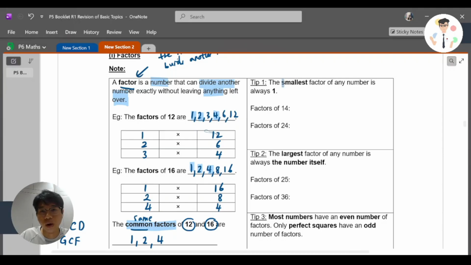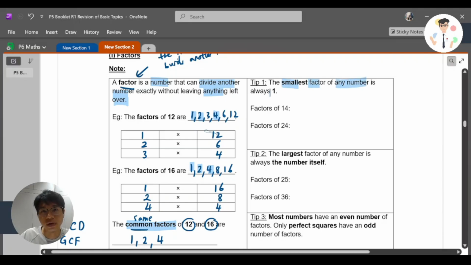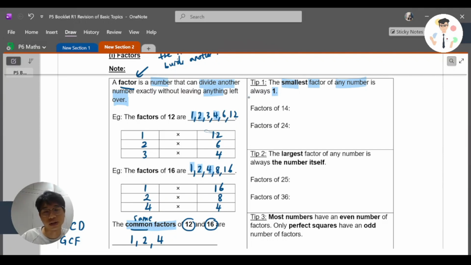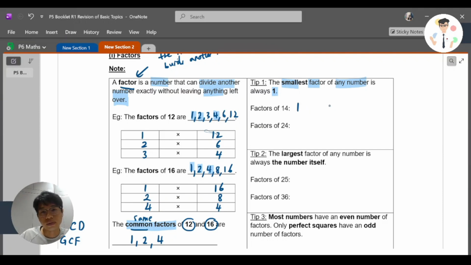Tip 1: the smallest factor of any number is always what? 1. Let's list down the factors of 14. 1 times 14, 2 times 7. Any more numbers in between? 3? No. 4, 5, 6? No. So 1, 2, 7, 14.